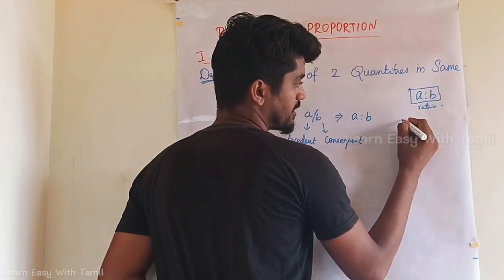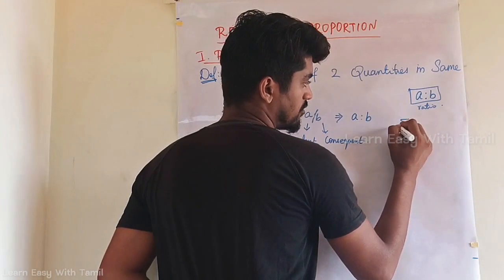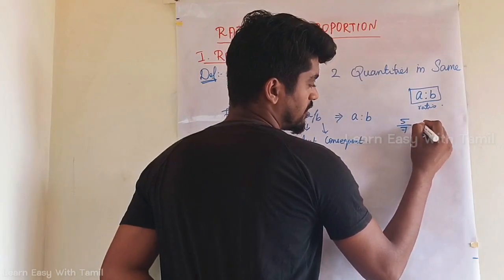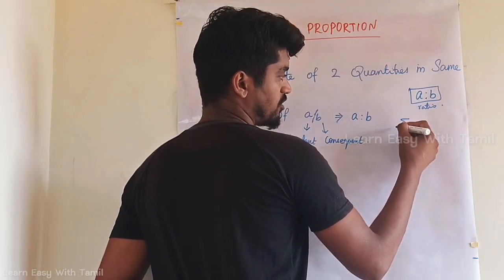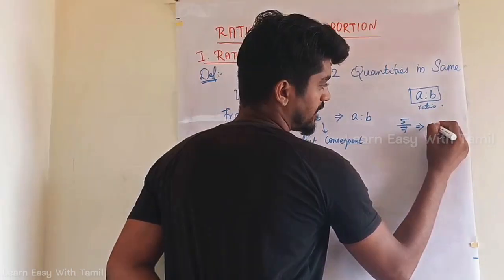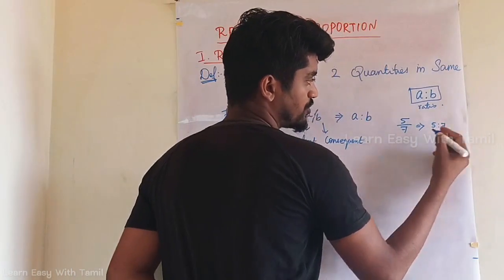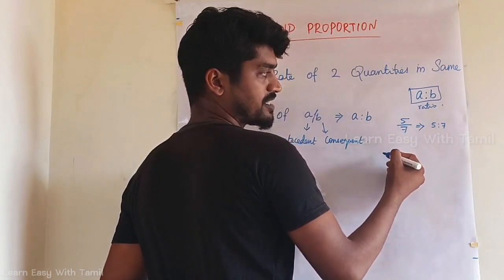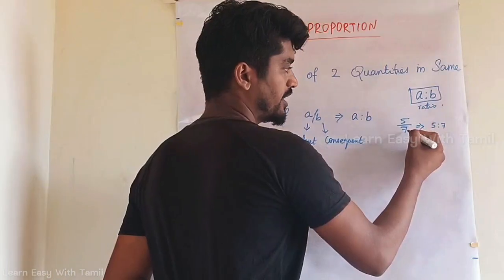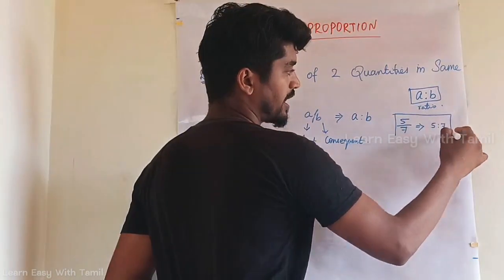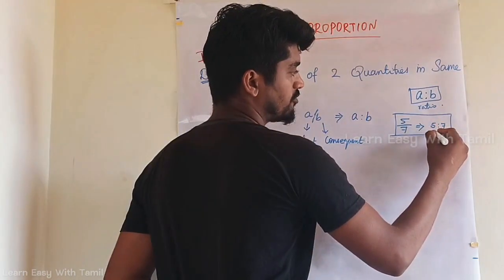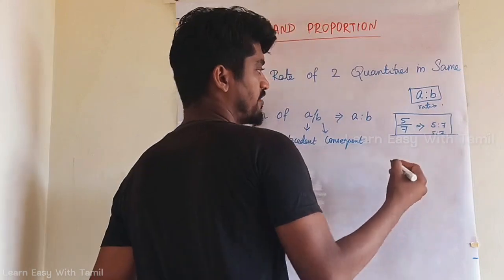When we take an example, 5 by 7 in fractional format, we have to write it as 5 is to 7, because 5 by 7 has the same unit, so we write it as a ratio of 5 is to 7.